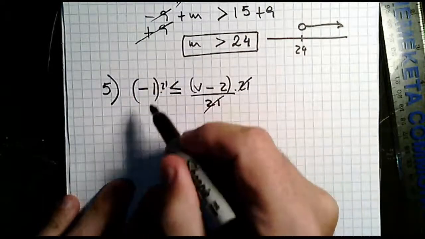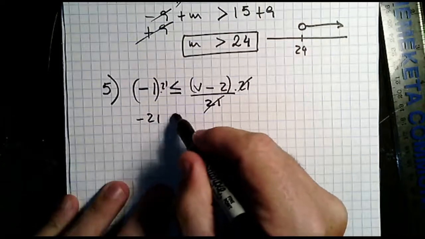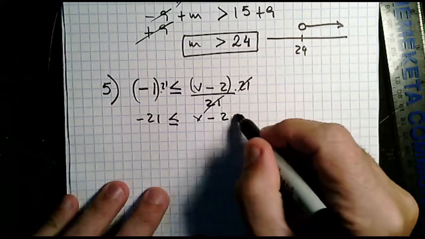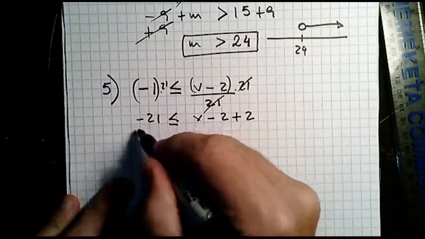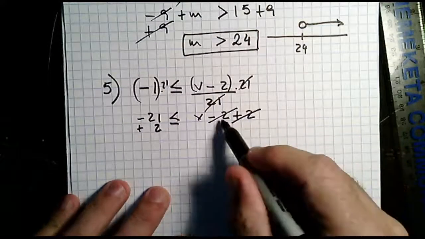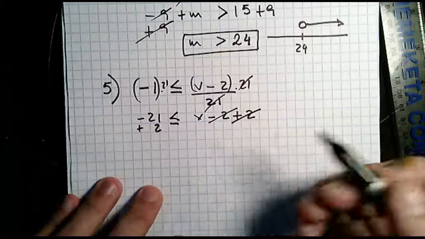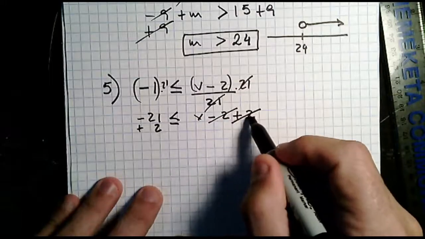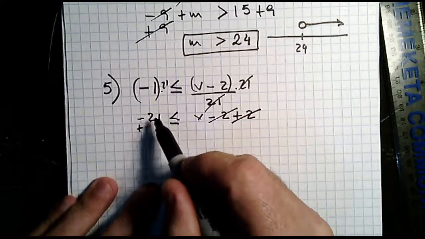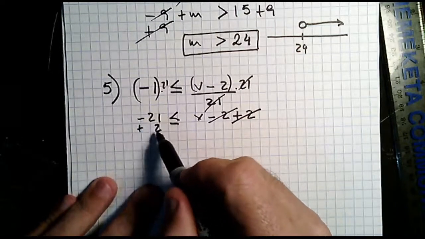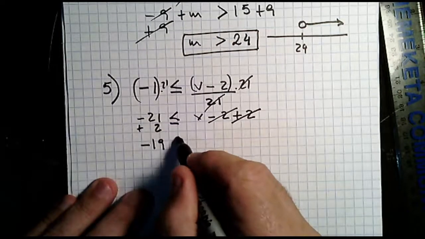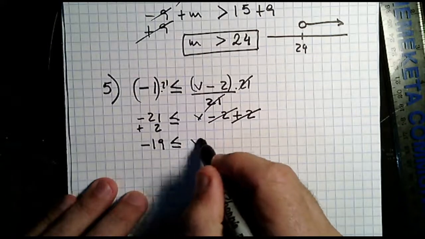So this is going to be negative 21 less than or equal to b minus 2. So I will add 2 and add 2 here. Then these 2 are going to be out because it's going to be negative 2 plus 2. And here what I have is negative 21 plus 2, which is going to give me negative 19. So which is less than or equal to b.